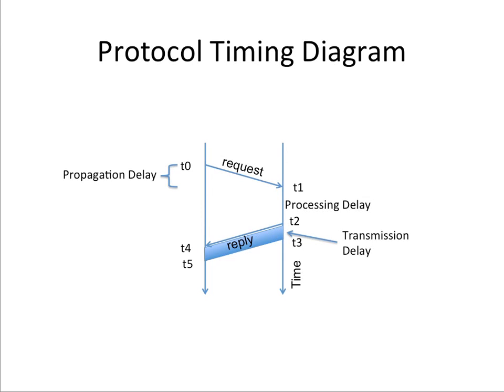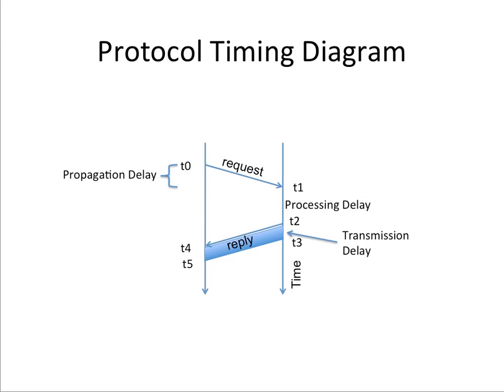Okay? Now, in this particular communication protocol, we're thinking of a scenario in which node 2 receives a message, a request, and it has to do some processing to compute the output or the reply. So that delay is typically called processing delay, because node 2 is going to receive the request at t1, and it's going to do some processing.